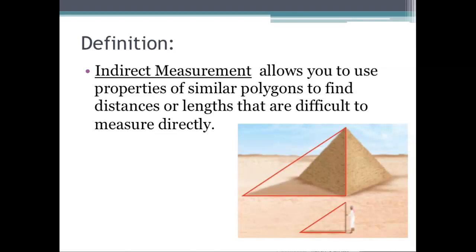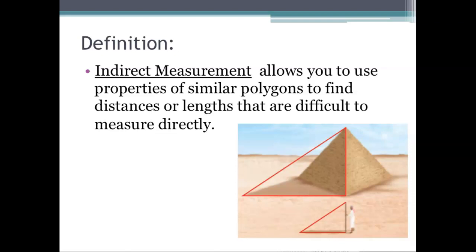Now it might be very difficult to actually measure this height if you are unable to reach it without a ladder, without other tools. But you're able to come up with the measurement here because you might be able to measure the shadow. So we're going to suppose here that there's this guy here, Thales.